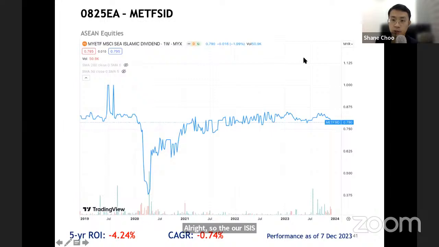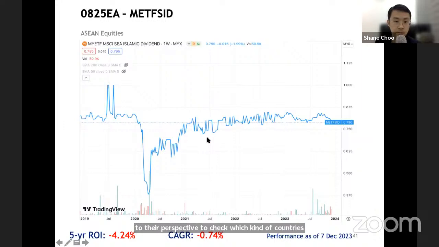For ASEAN equities, you can buy into this ETF, the MyETF MSCI Southeast Asia Islamic Dividend. That gives you exposure to a few countries like Singapore, I think Thailand or Indonesia, if I'm not mistaken. Go to their prospectus to check which countries they buy.